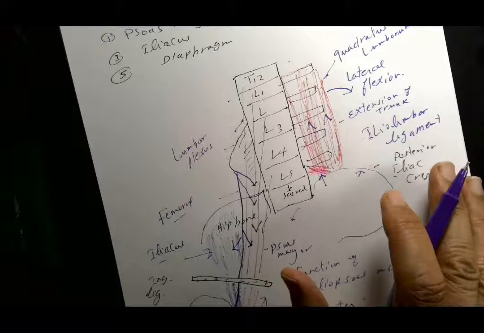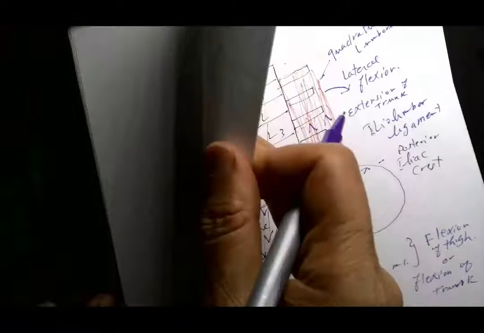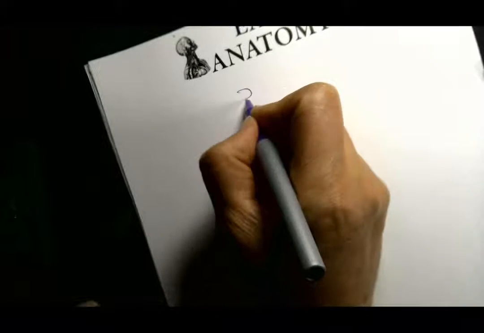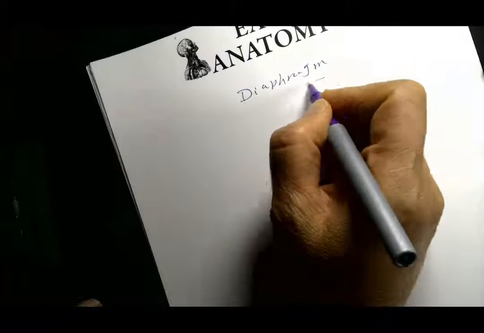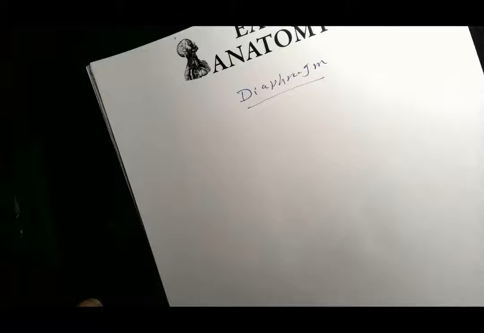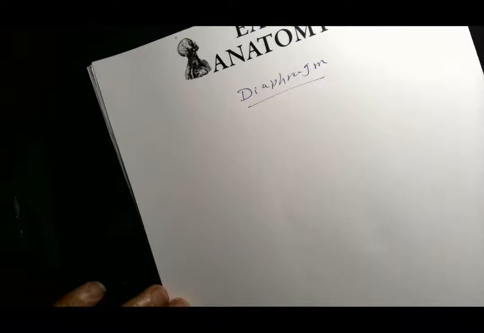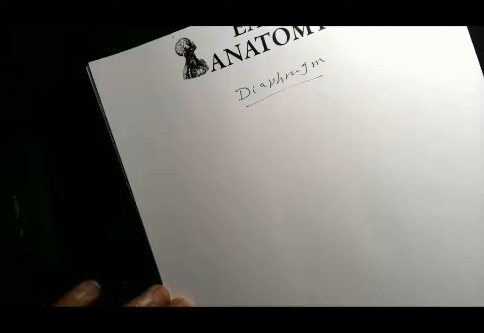Now I'm taking you to another important muscle, which is the diaphragm. As you know, inspiration is an active process, requiring contraction of the diaphragm. Expiration is a passive process.